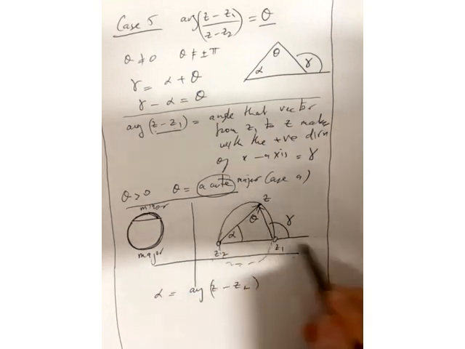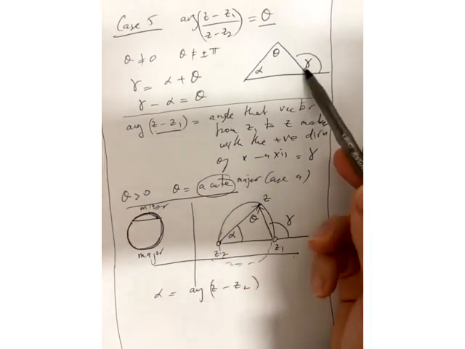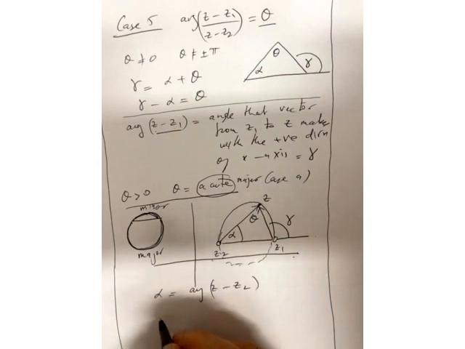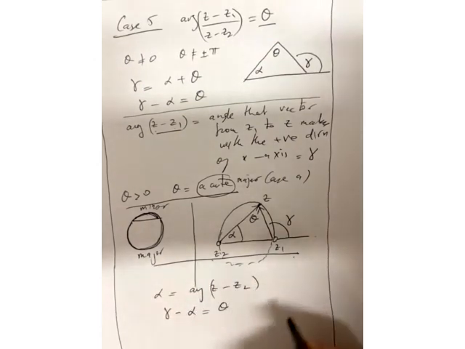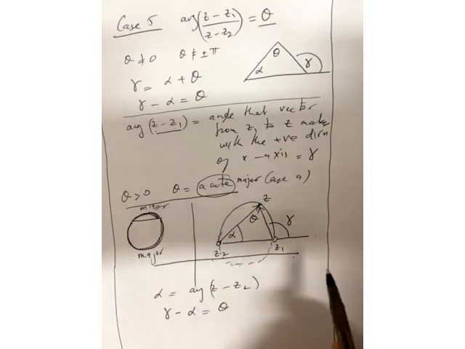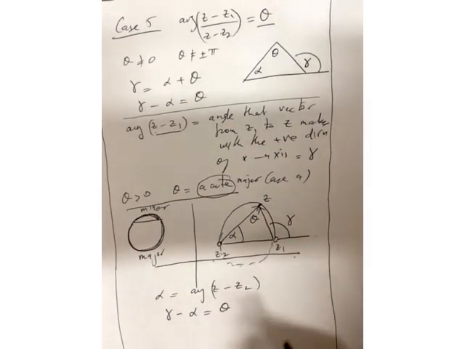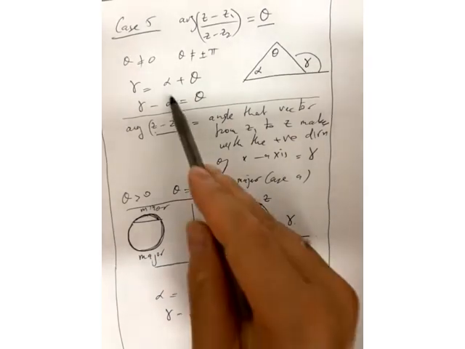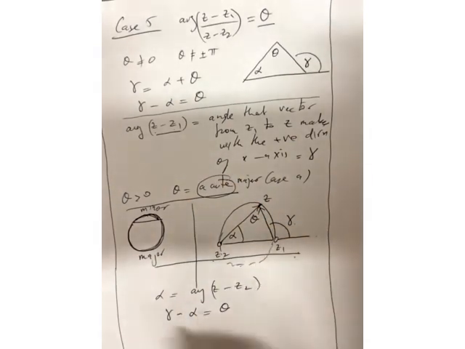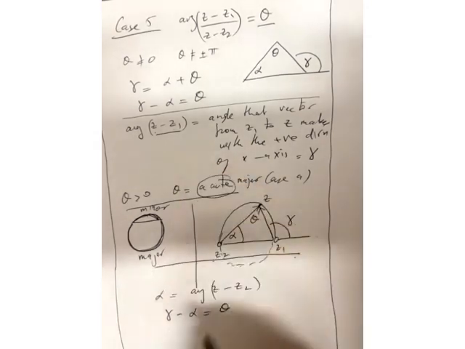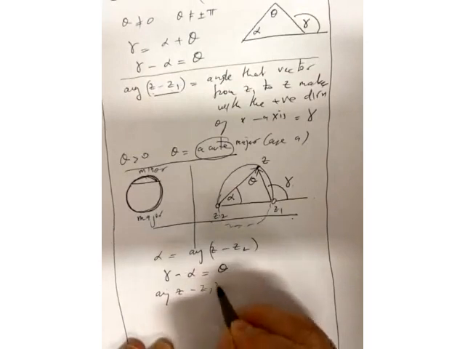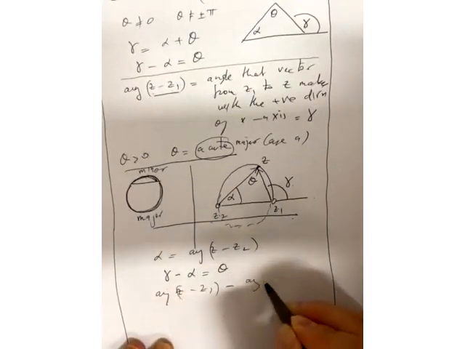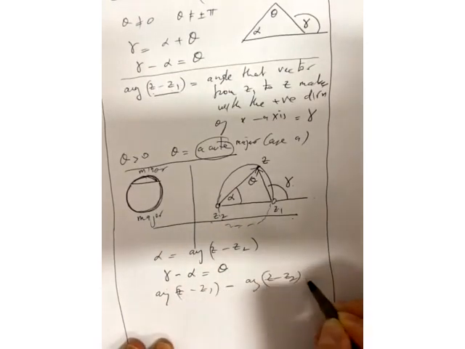If you look at the triangle here, with the theorem we had, doesn't that mean gamma minus alpha equals theta, from the triangle we proved above? Because the exterior angle of a triangle is the sum of the two opposite interior angles. When you add it up and take the alpha to the other side, you get this. But gamma is that angle there. So that's arg(z minus z1) minus arg(z minus z2) equals theta.